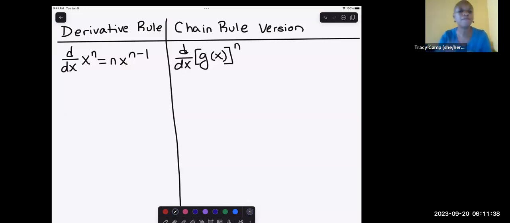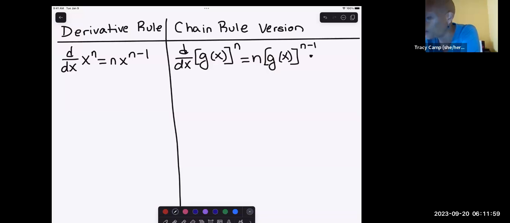So if you have some function, which is often referred to as the inner function with composite functions, raised to a power, go ahead and use your power rule. Bring that exponent down, take 1 away from the power, but then the chain rule says to multiply this by the derivative of whatever that inner function was. That's what the chain rule tells us to do.